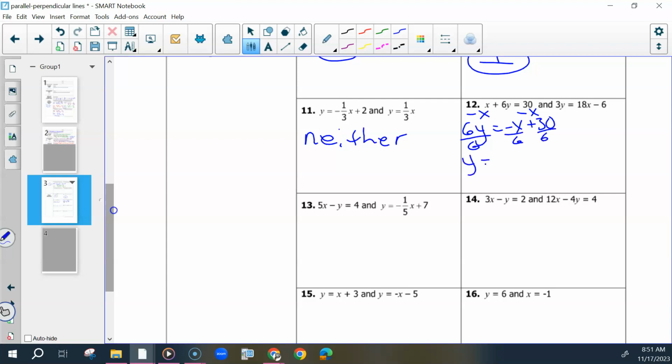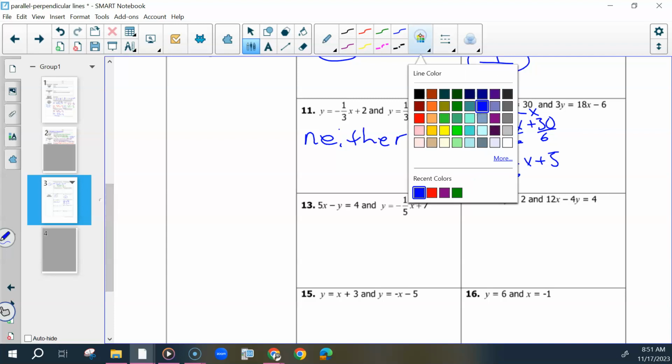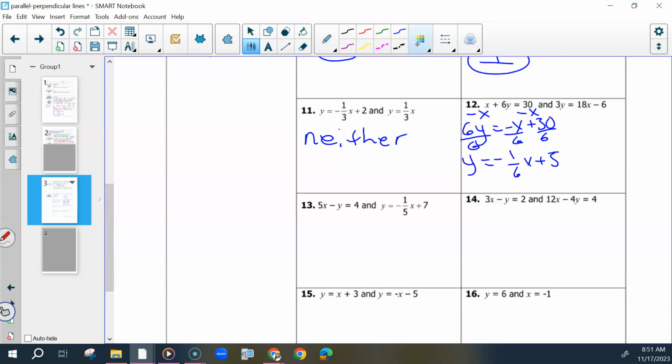We have y equals negative 1/6x plus 5. To solve the other one, what would we do? Divide everything by 3. So be careful because they may not be at the same spot when you go to solve them.